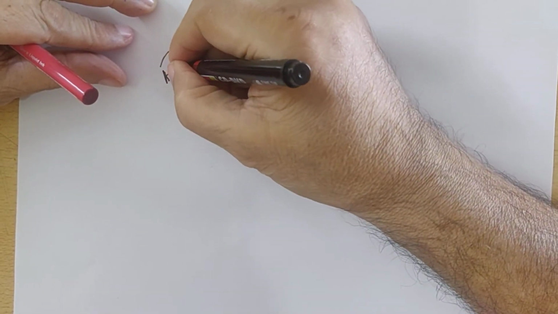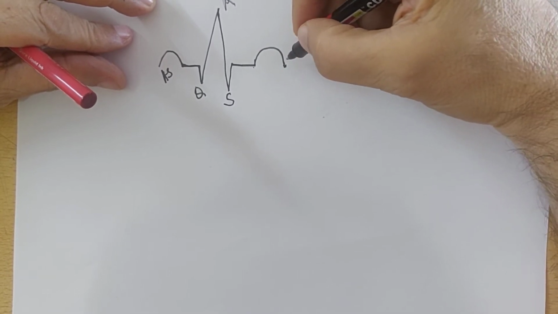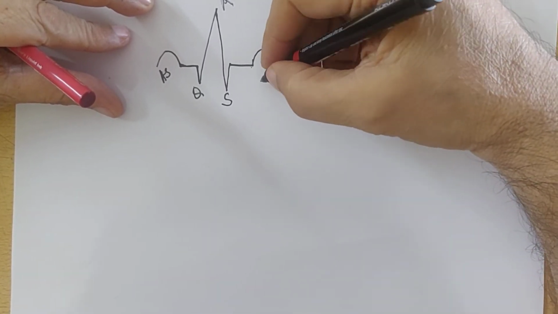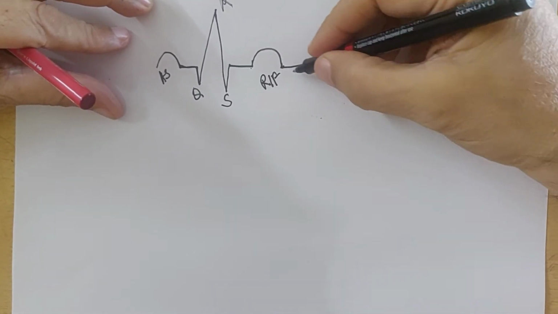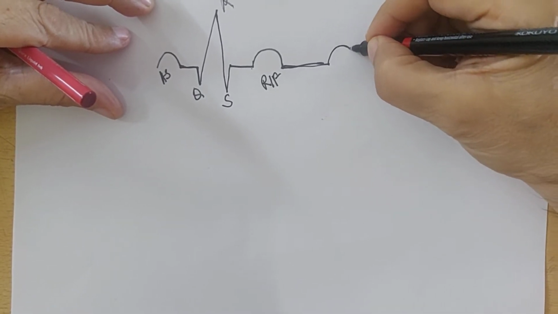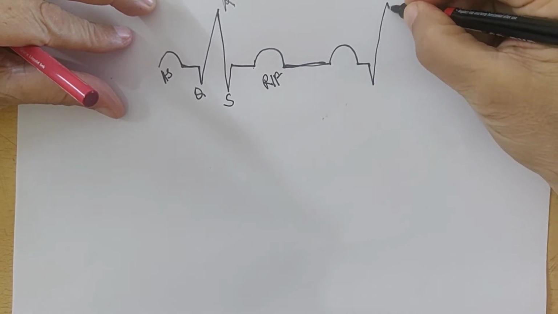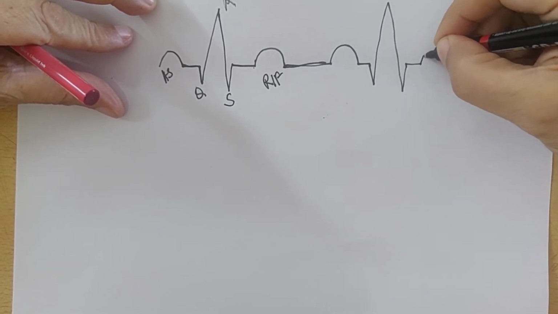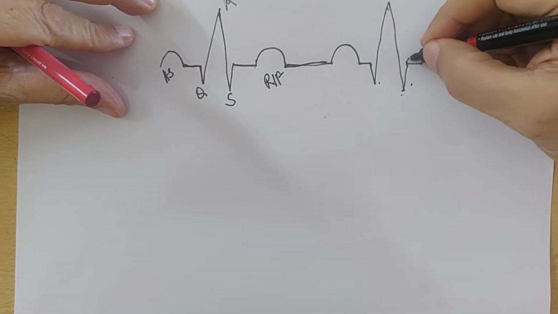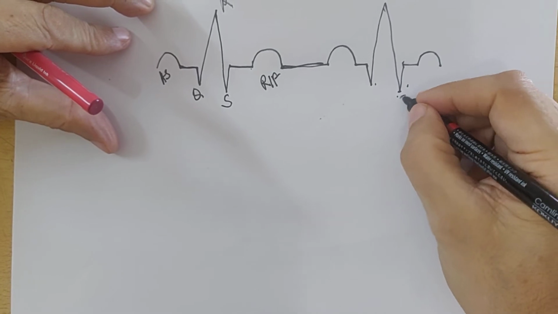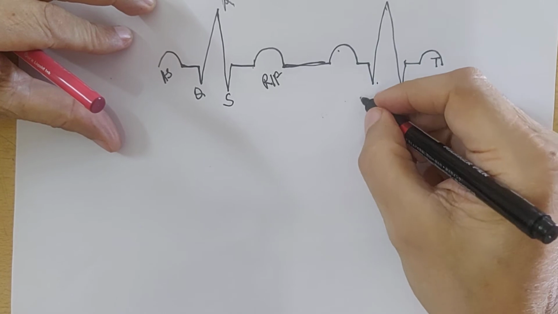This signifies atrial systole, and this T wave corresponds to the rapid inflow phase. Then of course you may have another P wave, the PR interval, the QRS and T. So there is an ST segment, a T wave, a P wave, and the PR interval.